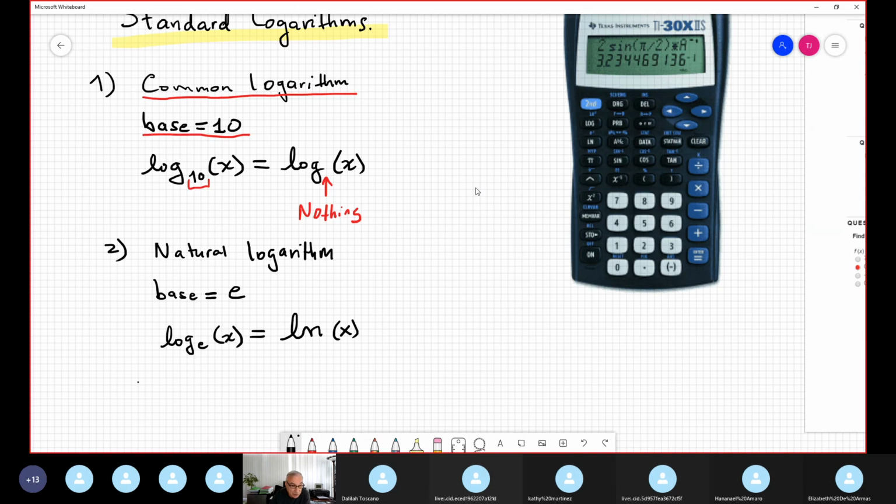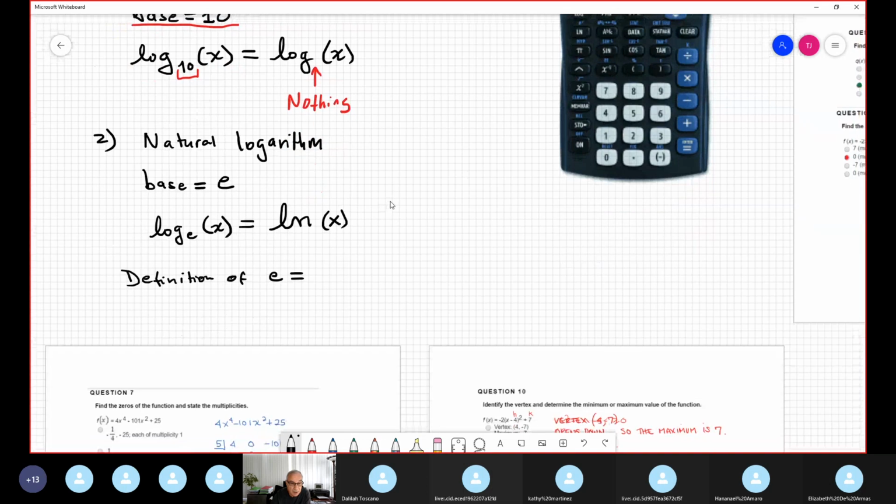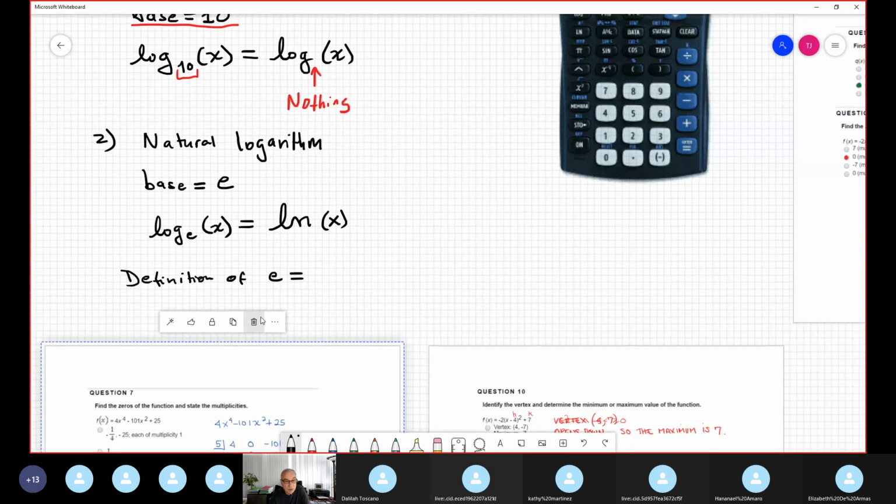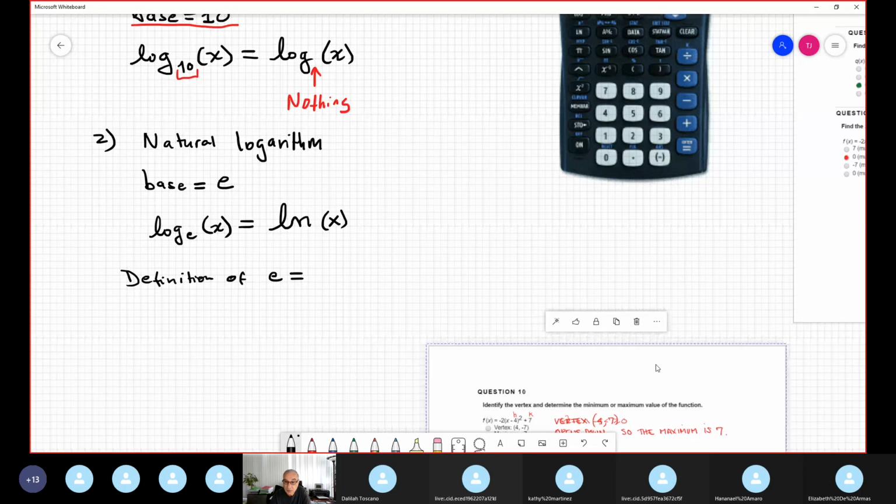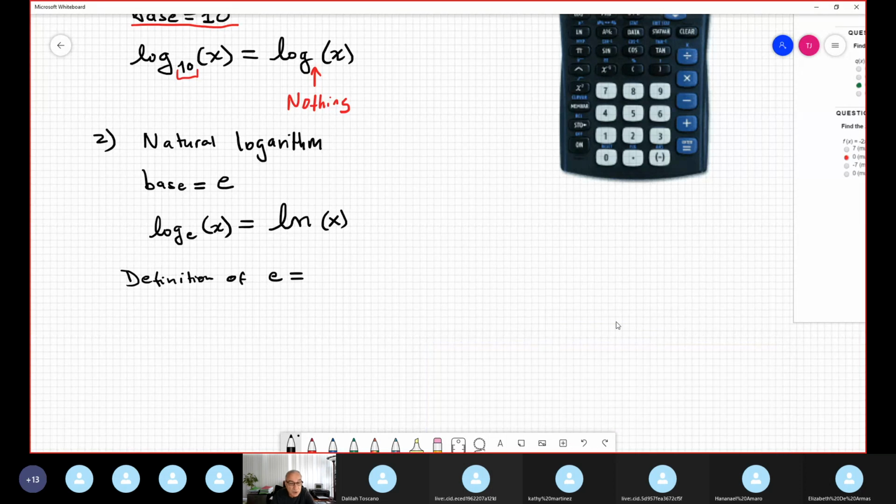And the definition of E, well, it's an irrational number. Maybe you don't understand very well, but I need to write it like that.